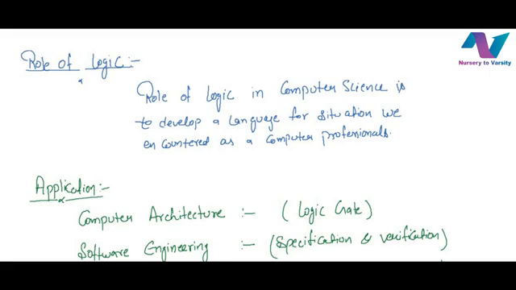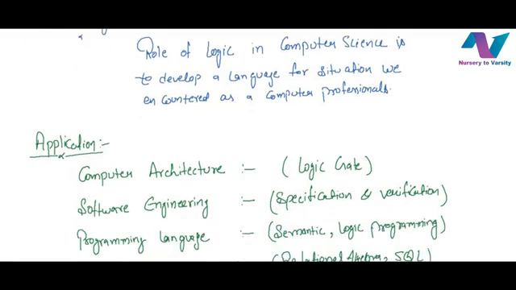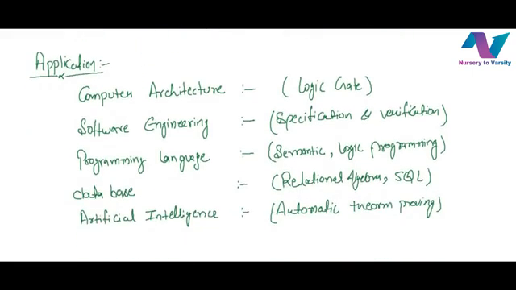If we talk about applications of logic, apart from the understanding of basic mathematical reasoning, logic can be applied in computer science. Here I have discussed a few examples of computer science subjects where logic is applied. In computer architecture we deal with logic gates.